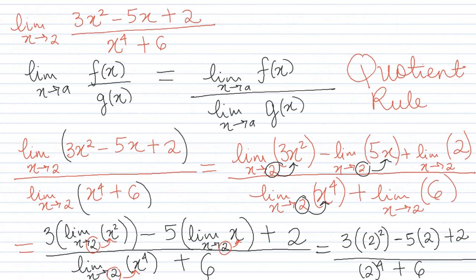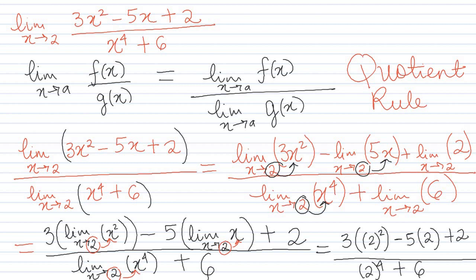So therefore, this question here, the limit of 3x squared minus 5x plus 2 divided by x to the 4th plus 6, when we apply the quotient rule of the limit law first, in order for us to be able to break down, because we can see that we have a numerator and a denominator. We're going to first of all apply the quotient rule for limit laws. We break that down.